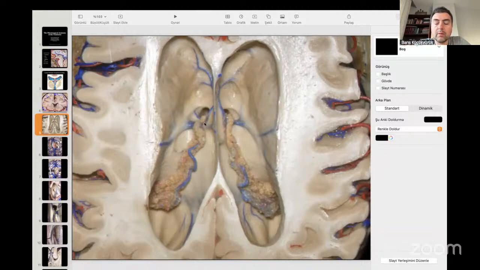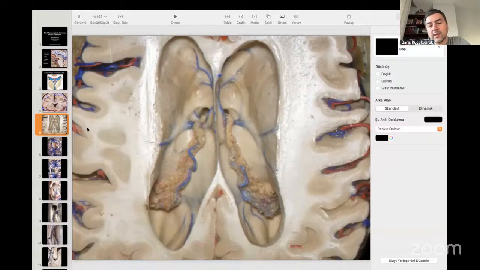So the floor of the body of the ventricle is formed by the thalamus here, basically beneath the choroid plexus here, and more medially, the floor and the medial wall connect at the fornix.